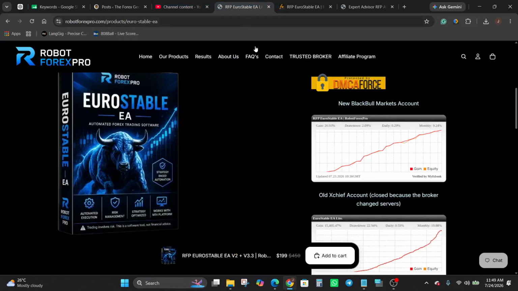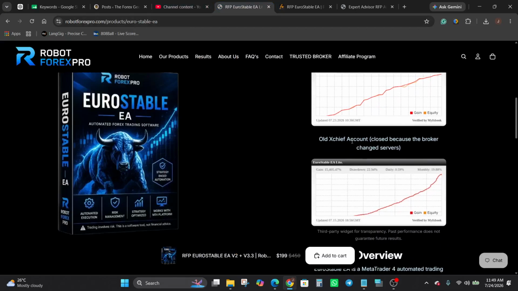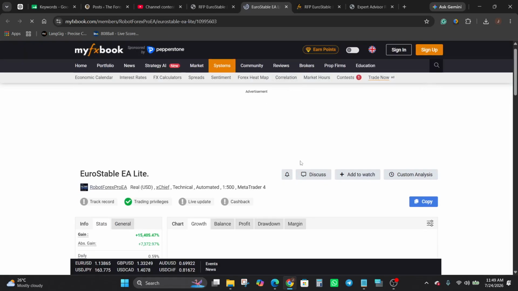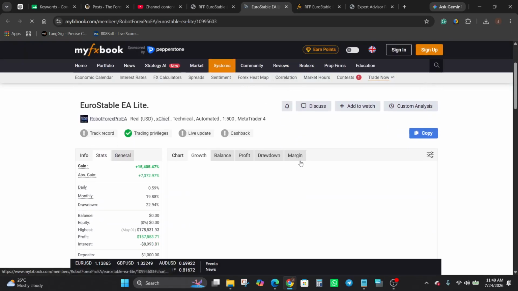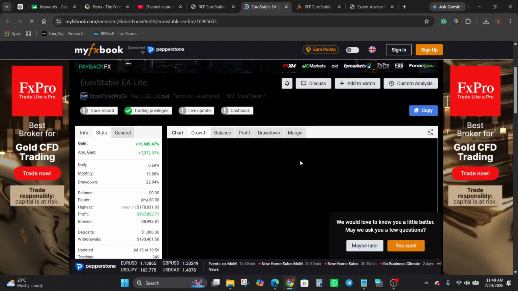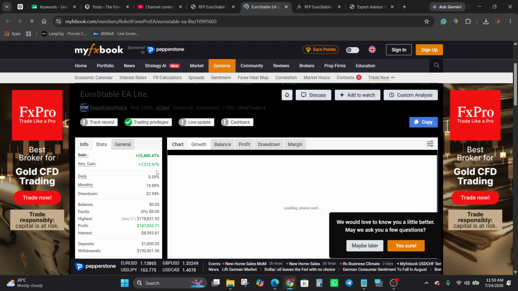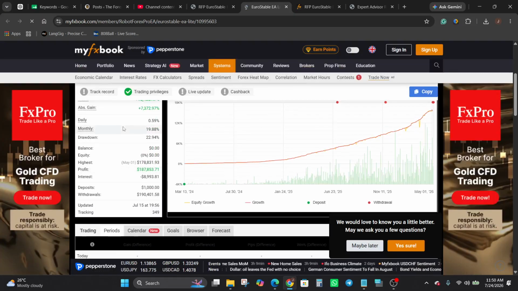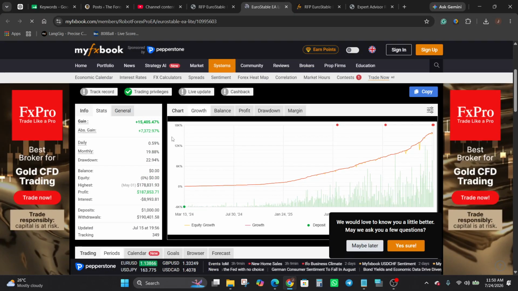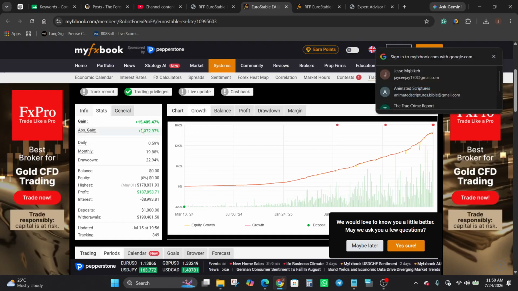Now let's go see the other account. This is the old Xchief account labeled EuroStable EA. Let us see the results given here. In this case, this is a more aggressive one. The gain was over 15,400%, and the balance is $0.